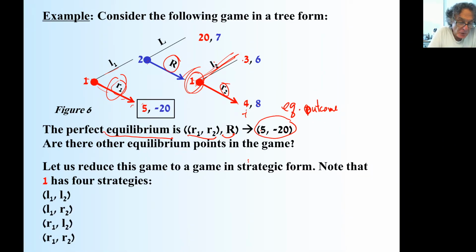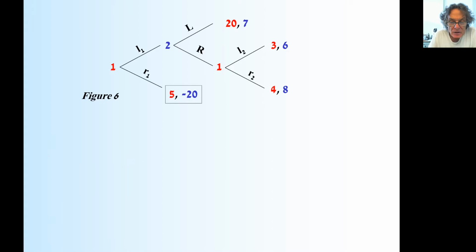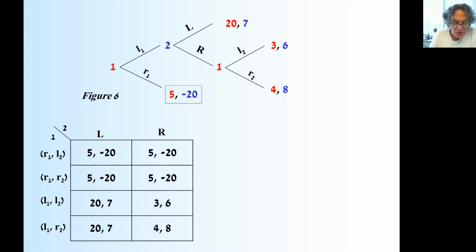But for player 1, if he goes R1, it doesn't matter what 2 does here, because R1 gives 5 and negative 20. So you get a degenerate game. Let's write it slowly.